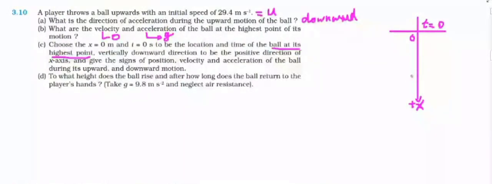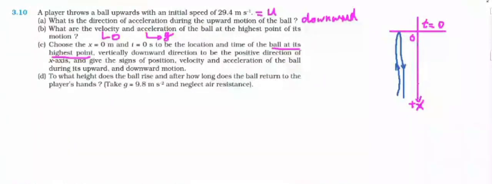That means clearly you have to understand that the ball is thrown from here, reaches the highest point, then falls back. So now you see there, wherever you calculate the position, you can see position can be here, here, here, here, like that.